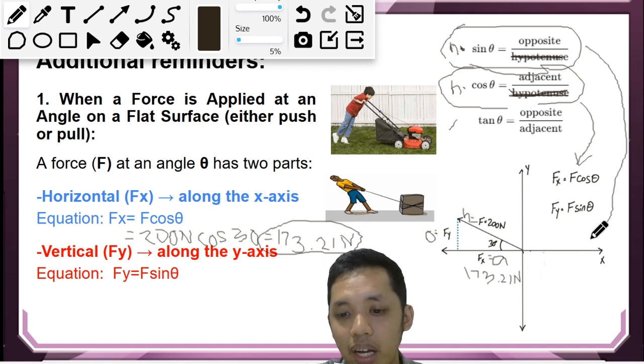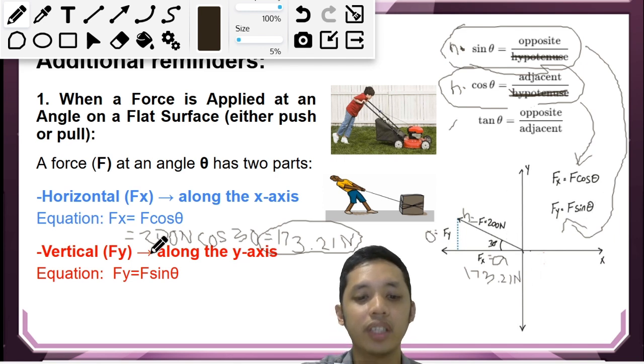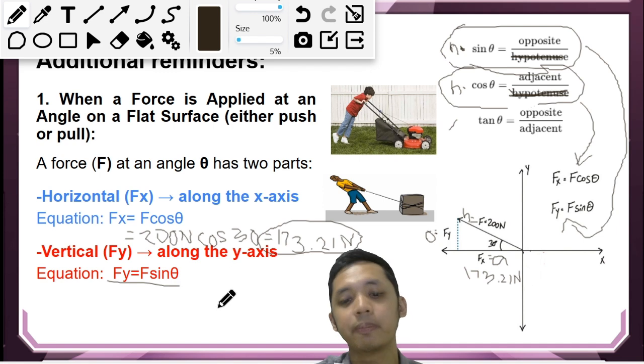That is the reason why we have this equation: f of y, the opposite side, is equal to F, our hypotenuse, times sine theta, which is the angle.